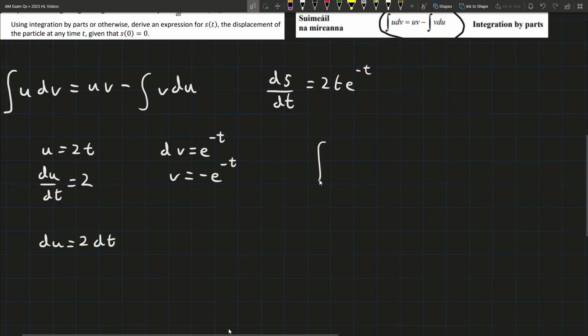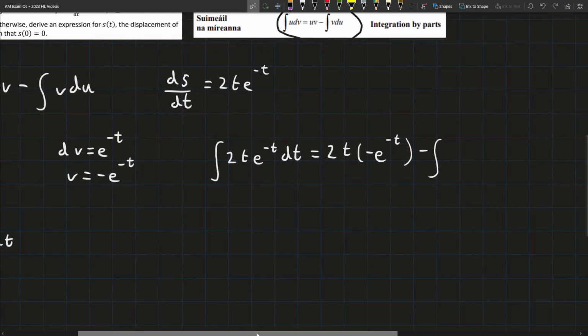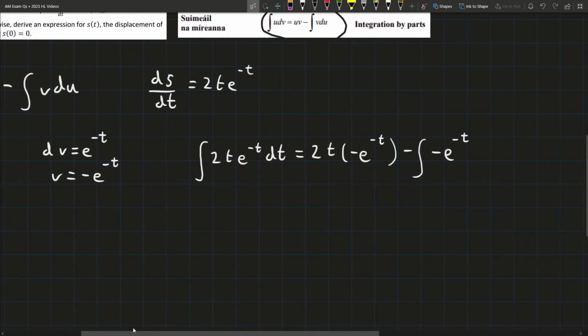So the integral of 2t e to the minus t dt is going to be u, which is 2t, multiplied by v, which is minus e to the minus t, minus the integral of v, which is minus e to the minus t, times du, and our du was 2 dt.